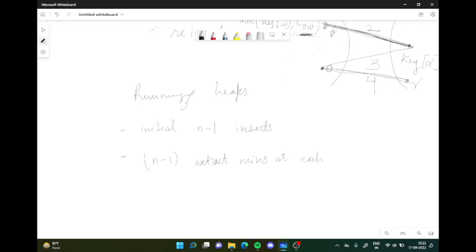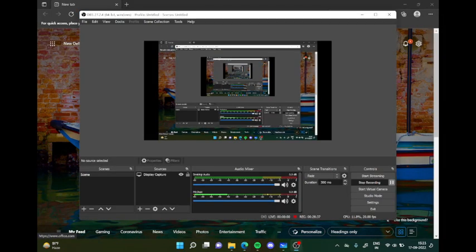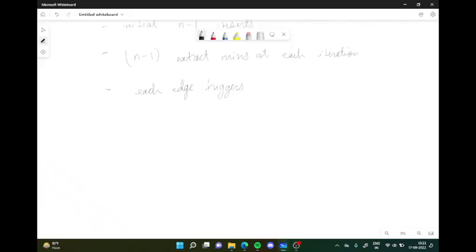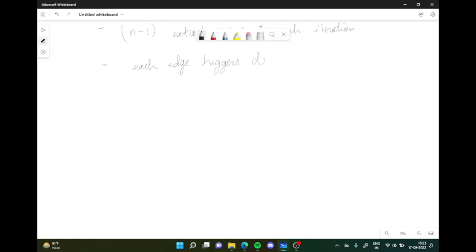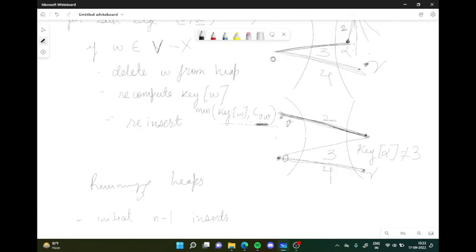So at each iteration, we insert one vertex into our X. Next, each of these extract mins triggers a delete and insert combo for each edge of the particular inserted vertex, by this pseudocode.